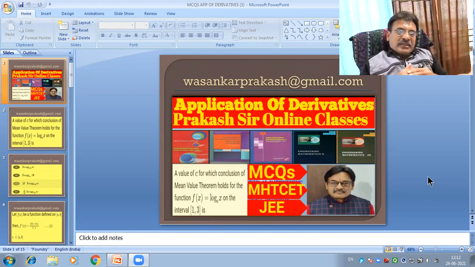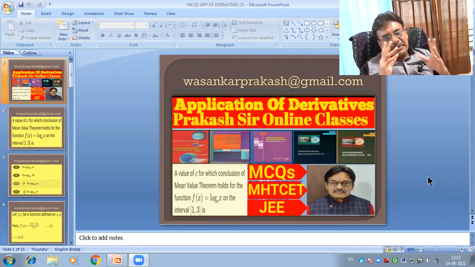We know that applications of derivatives contains approximate value, increasing and decreasing functions, maxima and minima, mean value theorem, Rolle's theorem, and related rates. So today we solve some multiple choice questions on maxima and minima, mean value theorem, and increasing and decreasing functions.